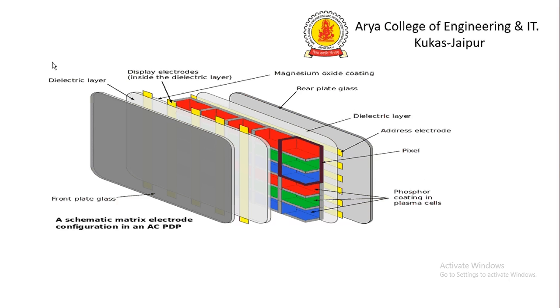Dielectric layer, display electrode inside the dielectric layer, magnesium oxide coating, rear plate glass, address electrode, pixel, phosphor coating in plasma cells, front plate glass. Schematic electrode configuration in an AC PDP. So this is the diagram of the plasma display.